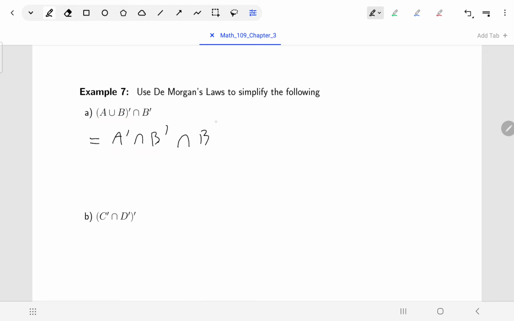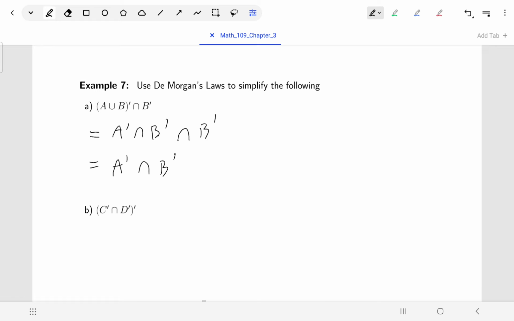And I could simplify a little bit further, because if you're reading what we have here, outside of A and outside of B and outside of B, I've just basically repeated myself. That extra 'and also outside of B' is not necessary. I could really say that is the same thing as being outside of A and also outside of B. And that would be a nice, more compact way to express that.